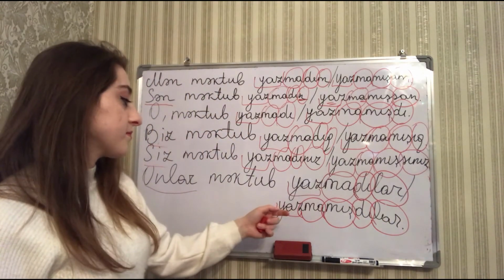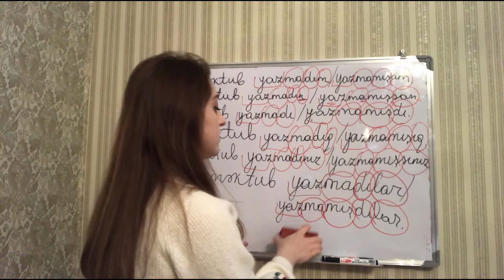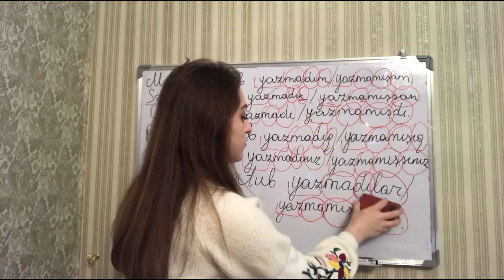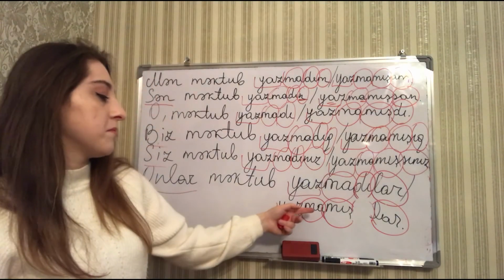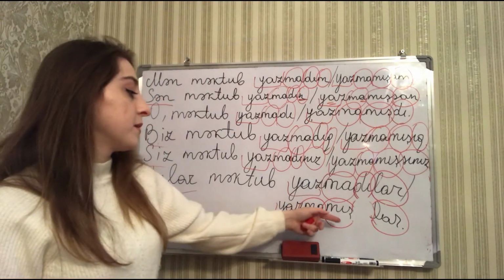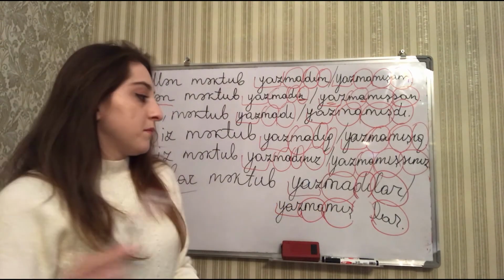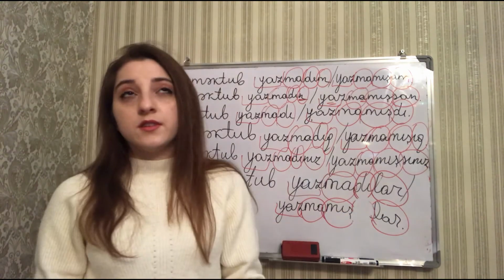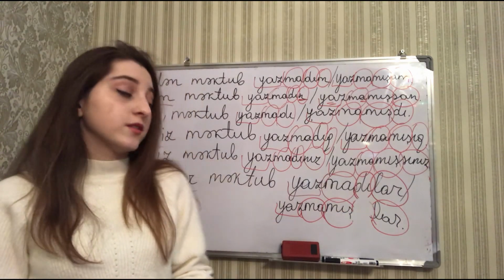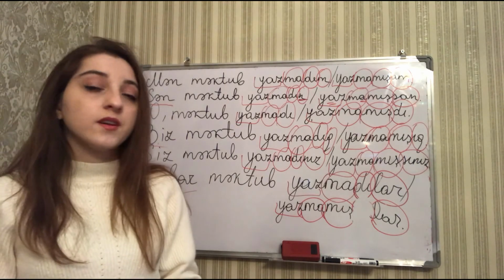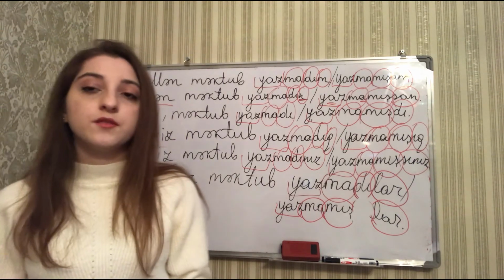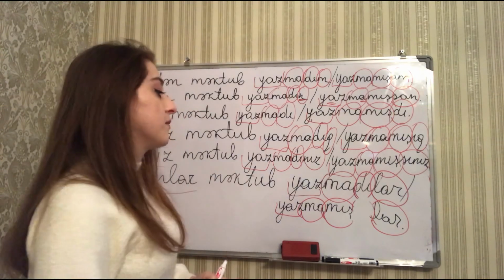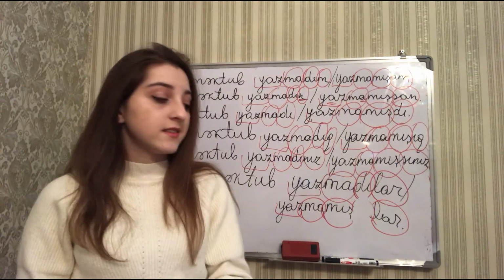Again, verb. Or you can omit D. Yazmamışlar also is correct. Yaz verb, ma negative, mış past, and lar suffix of plural form. Okay, so that's all for interrogative, negative, affirmative form of our sentences.